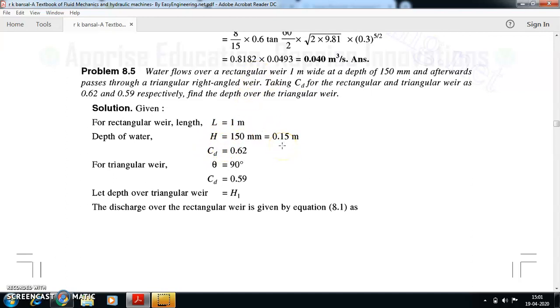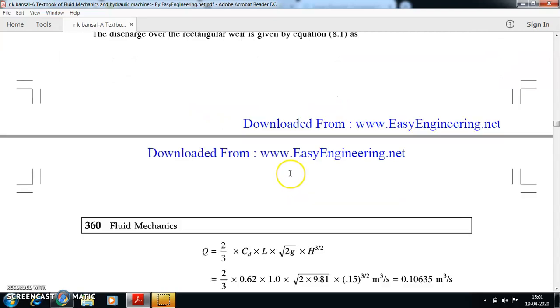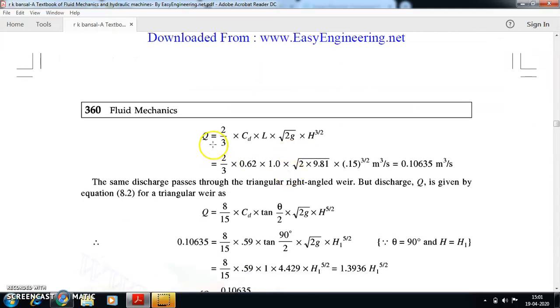Convert it into meter, 0.15 meter. CD value of the rectangular weir is 0.62, that is given. So using these three data, you can find the rate of flow of water over the rectangular weir, so we will use the equation of rate of flow of the rectangular weir.